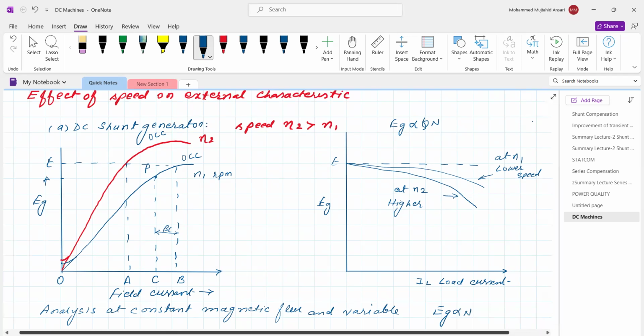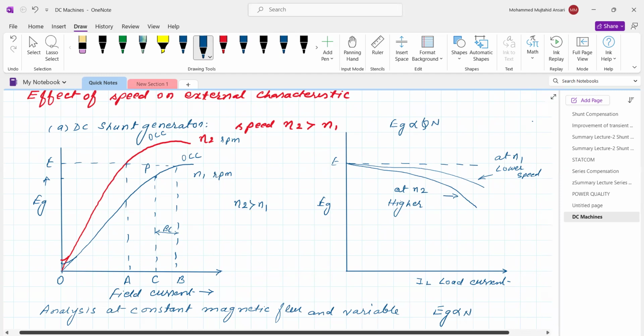Since the flux is constant, the EMF generated is directly proportional to speed. We are increasing the field current while keeping the flux constant. This is the open circuit voltage at speed N2 RPM, where N2 is greater than N1. Speed N2 is greater, therefore the open circuit voltage is greater.